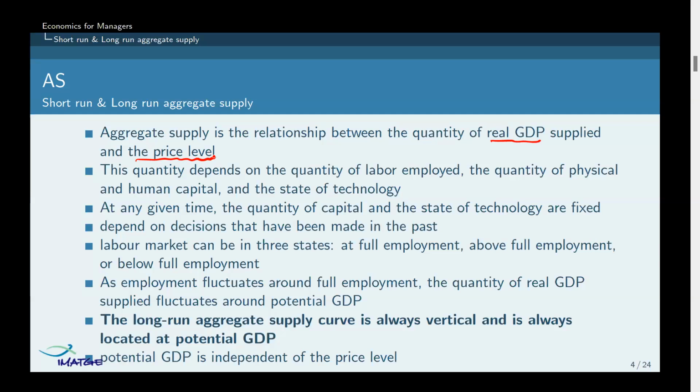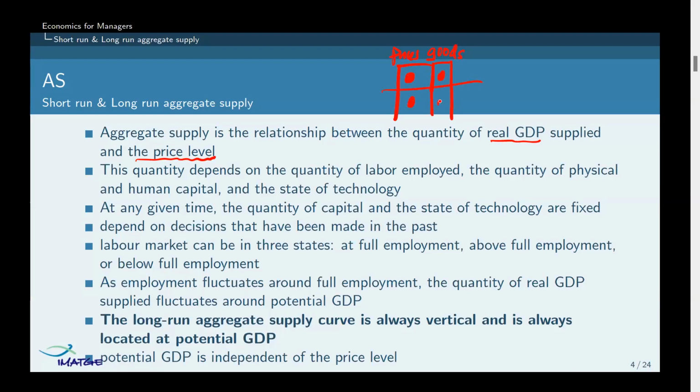Let me just try to simplify things here. Let me say I have my column of the total volume of goods supplied in the economy, and then I have the average prices. Which means I will be saying when the price level is this much, this amount of goods and services are supplied in the economy.